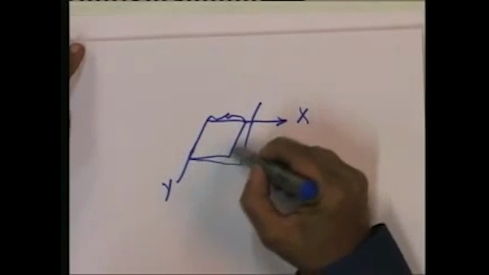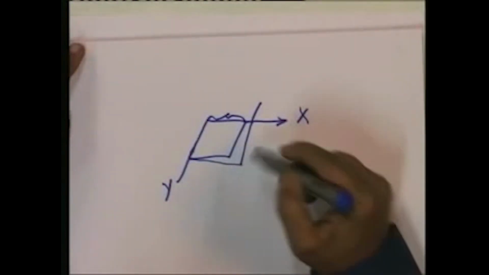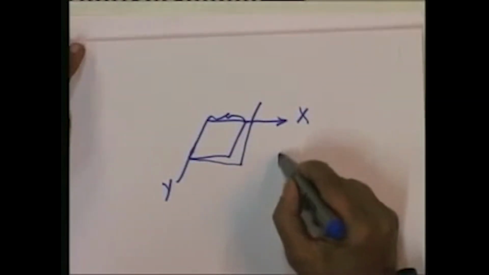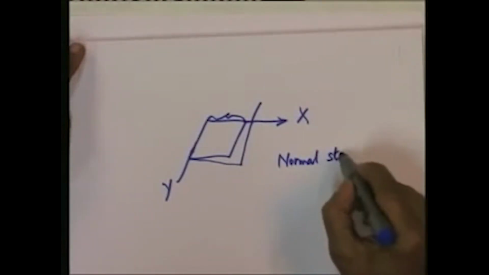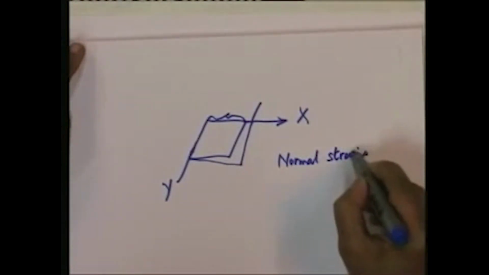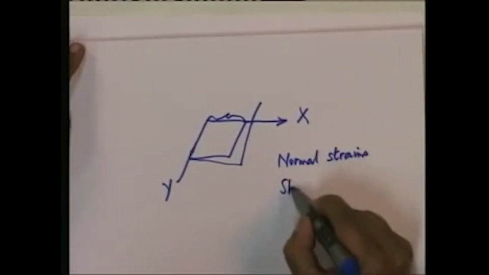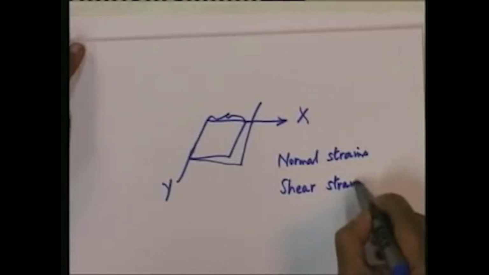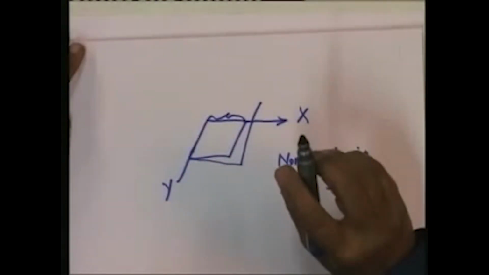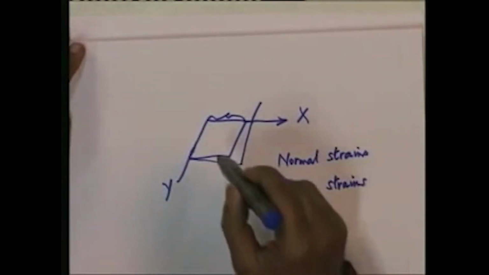Similarly, the shape also gets distorted, which means there are normal strains and also rotational or shear strains, and we need to therefore have some equations to represent these strains.